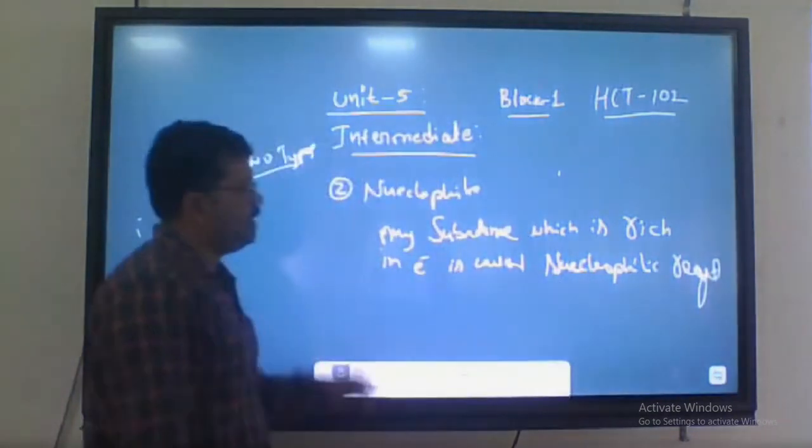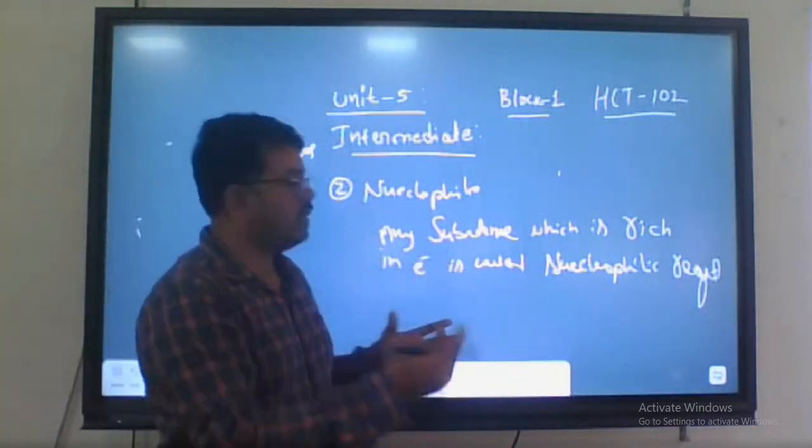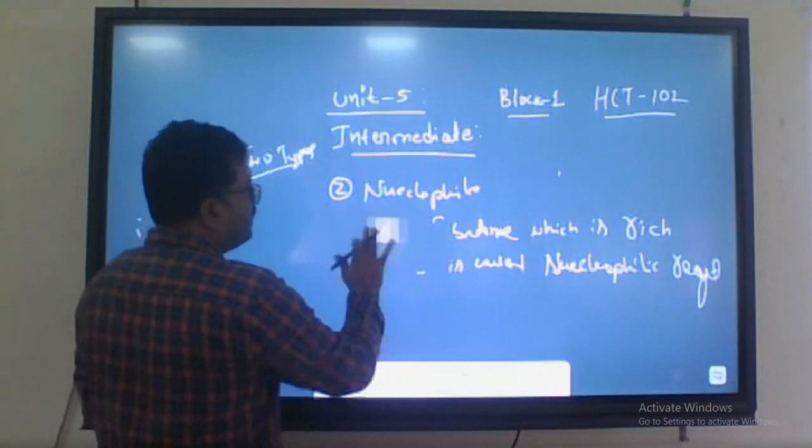Any substance which is rich in electrons is called a nucleophilic reagent. Two types are illustrated here.